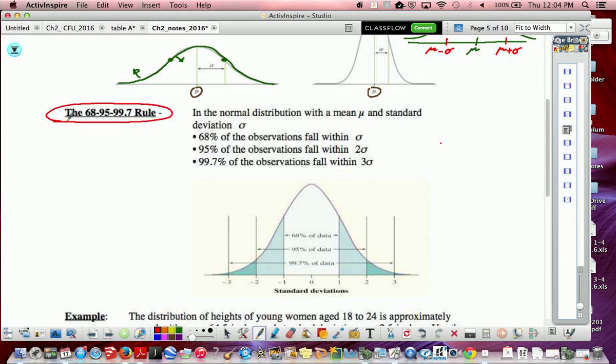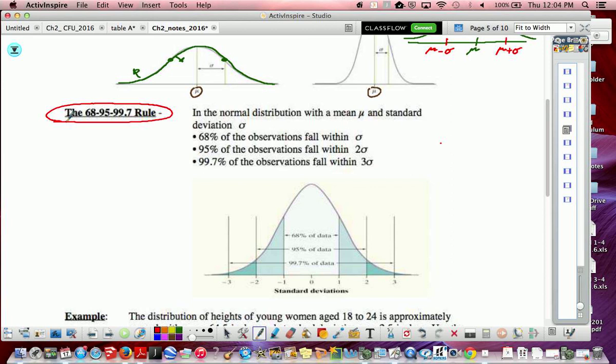However, with technology these days, we can actually find these areas much easier. But it's still a nice rule to know and love, make your best friend, because you can use it as estimation skills. You can start to estimate answers to questions that we will do with normal curves.